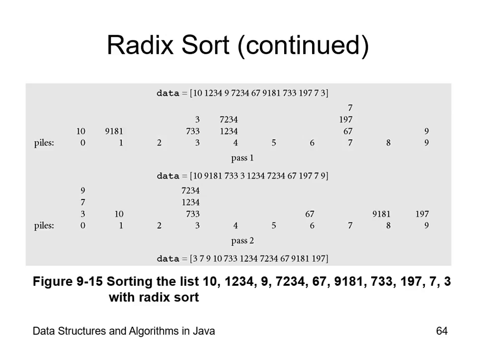Why do we have 10 piles? Because for decimal numbers, numbers with base 10, there are 10 symbols: 0, 1, 2, 3, 4, 5 to 9. That's why you have 0 to 9 piles.